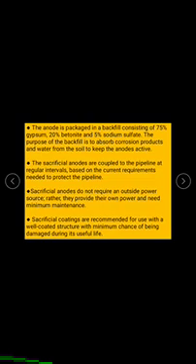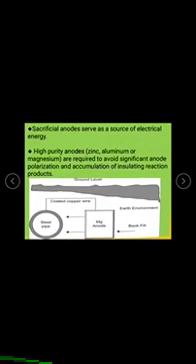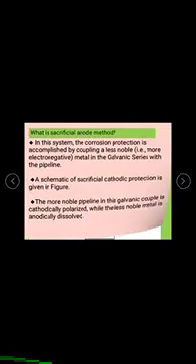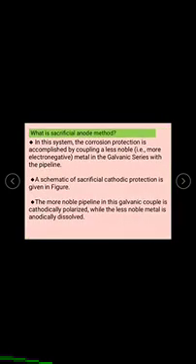Let us repeat the sacrificial anode method once again. In this system, the corrosion protection is accomplished by coupling a less noble metal, that is, a more electronegative metal in the galvanic series, with a pipeline.